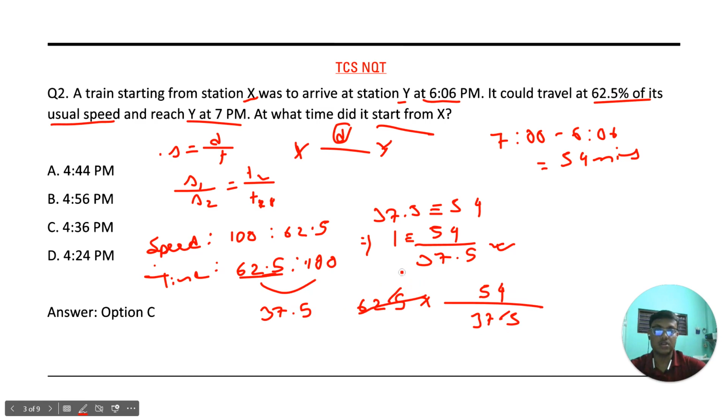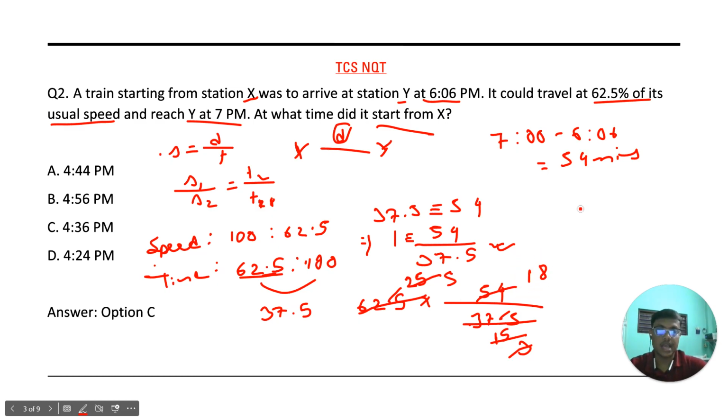We cut the 2 by 25, so 25, and 37.5 is 1, and 7, 5, 12, 125, 25 5s are 125. Again, we cut by 5 and 5, and 18 3s are 54.